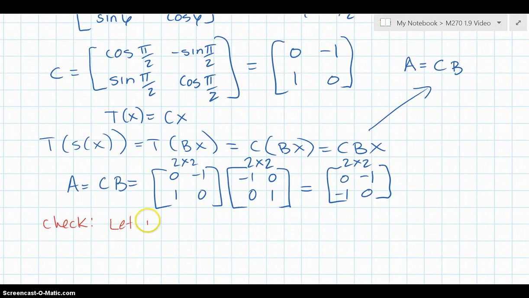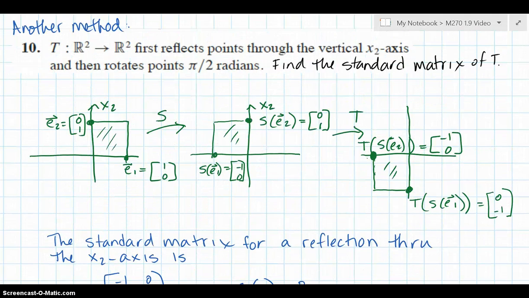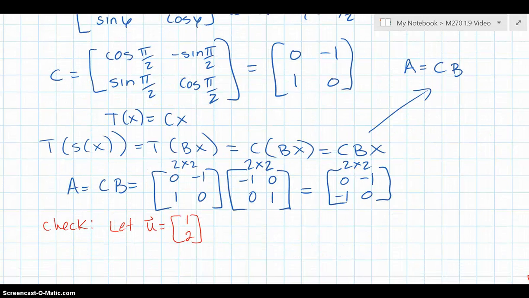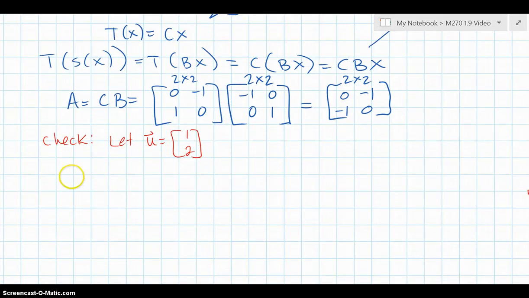So let's check it. Let's let u be, I don't know, 1, 2 again. And let's see if that first reflects, what was the question? First reflects through x2, and then rotates pi over 2 counterclockwise. So let's just take this end result and let's multiply it by 1, 2 and see what we get.